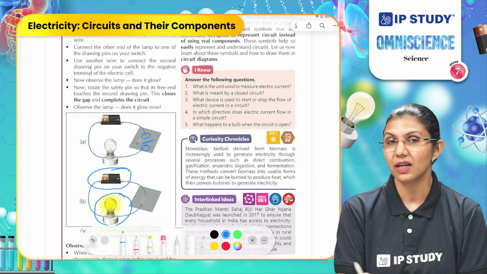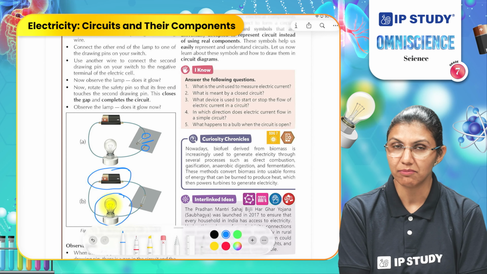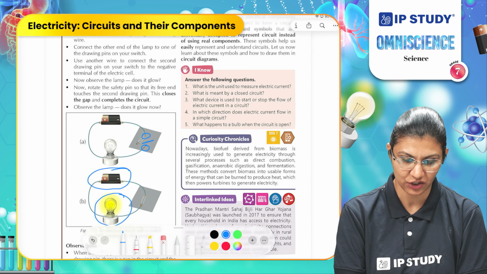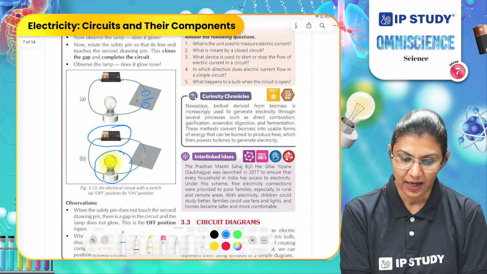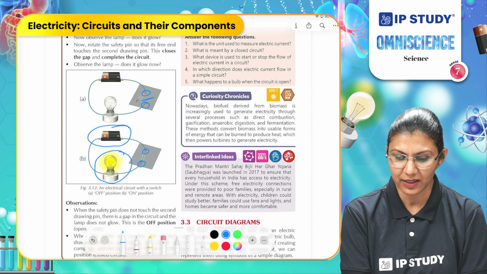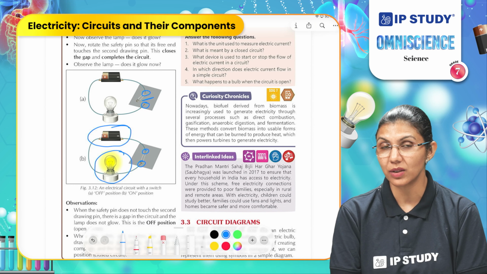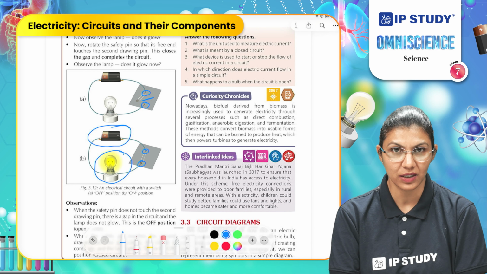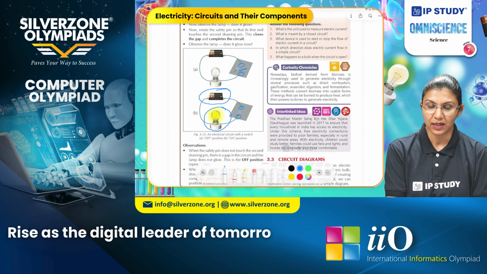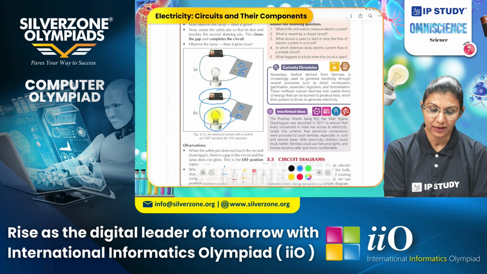The current will not flow and the bulb will not emit any light energy. In the second case, as the safety pin is connected to both the terminals, the circuit is now completed. It is a closed path, so the current will flow through this and the bulb will start emitting light energy.